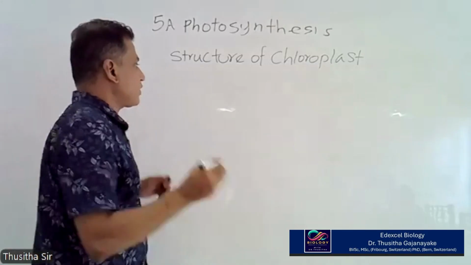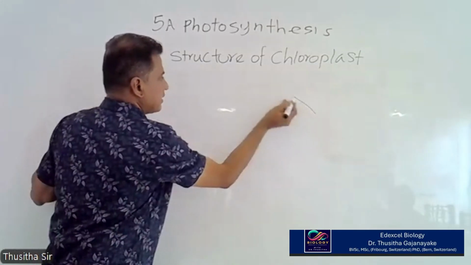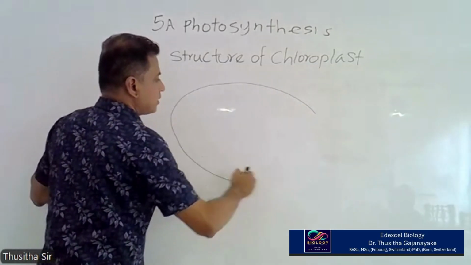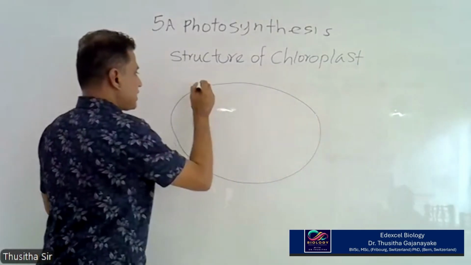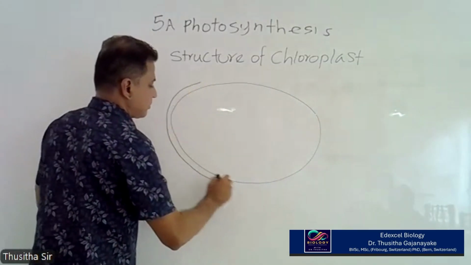When you want to know the structure, it's like an oval shape and it has 2 membranes.